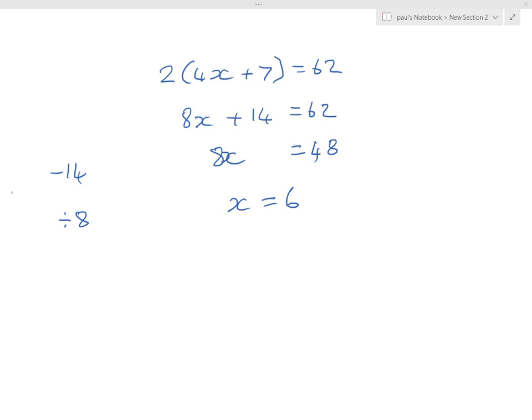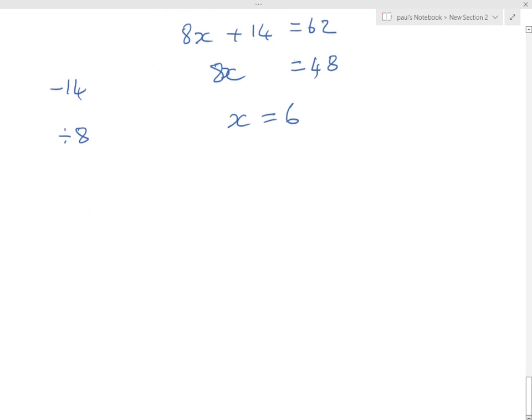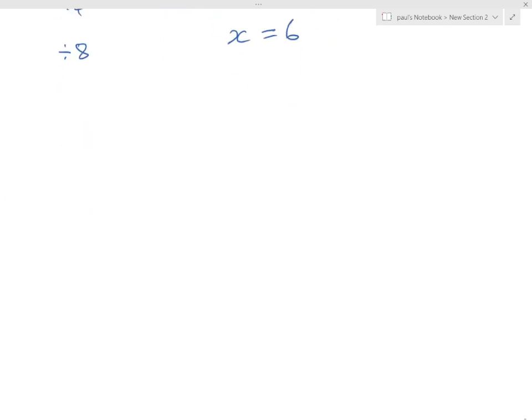Then we did some fractions, two-step things with fractions. So to start off with, if we just do a single step, x over 6 equals 4, then we know we've got to multiply by 6. So x equals 4 times 6, which is 24.